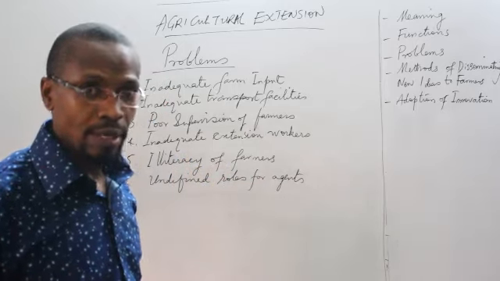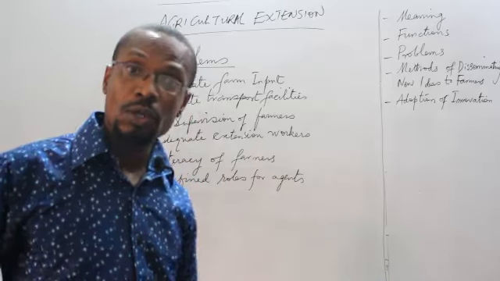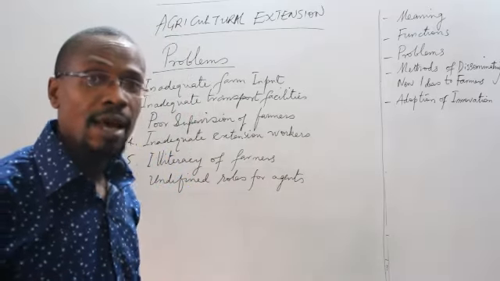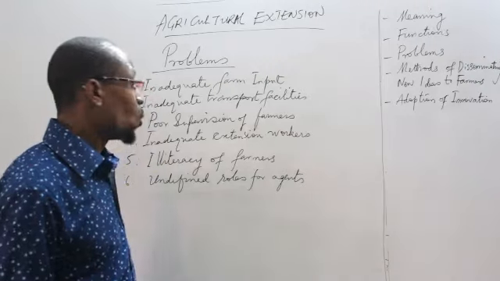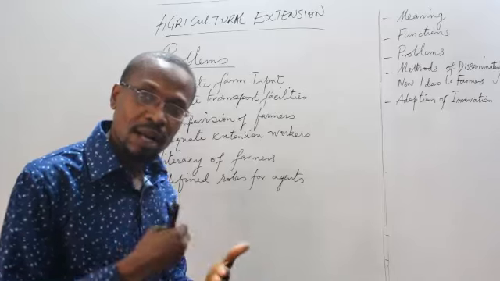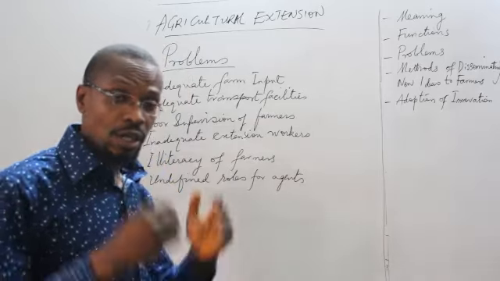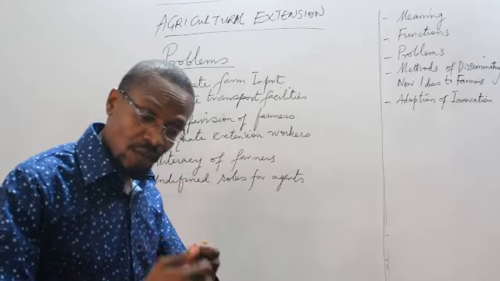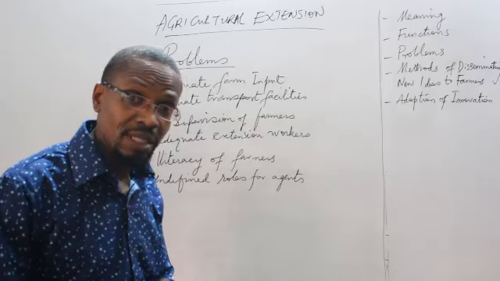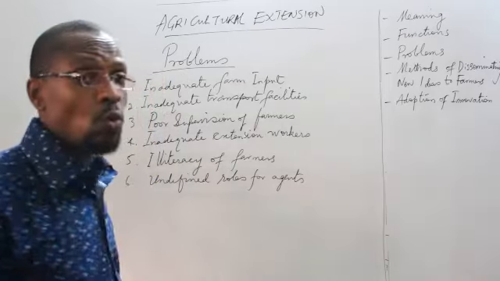Or you might need to go with an interpreter from the local environment of the farmers that you are serving at that moment. So the extension workers need to relate with the farmers very closely. Most of these farmers are illiterates, so they need to be carried along very intimately by whatever means possible.